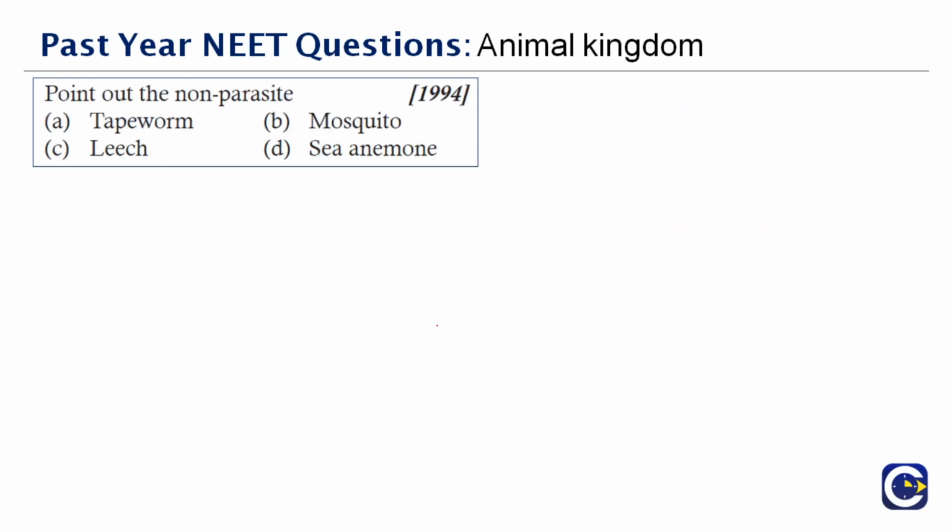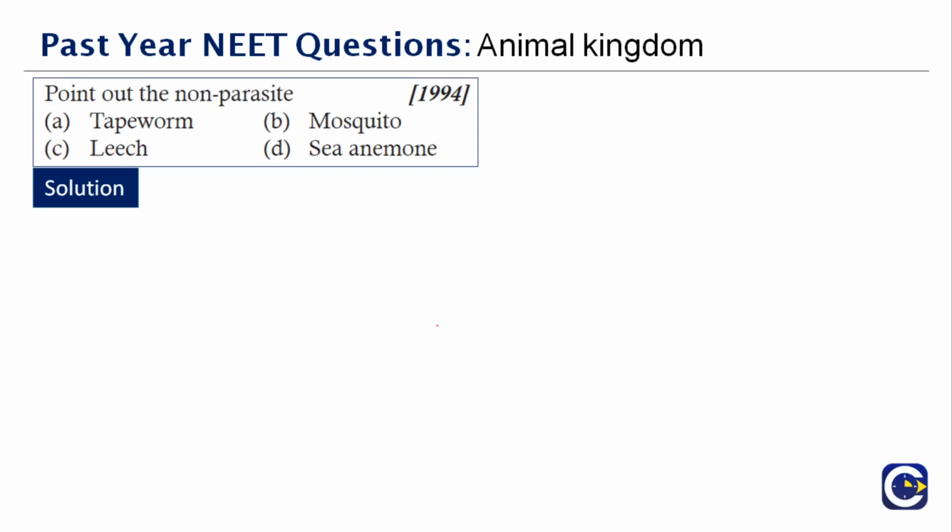Next question here. Point out the non-parasite. This is again easy for you. Tapeworm, leech, mosquito. All these are parasites because they act as vectors or they directly transmit diseases, something or the other. What is this sea anemone actually?